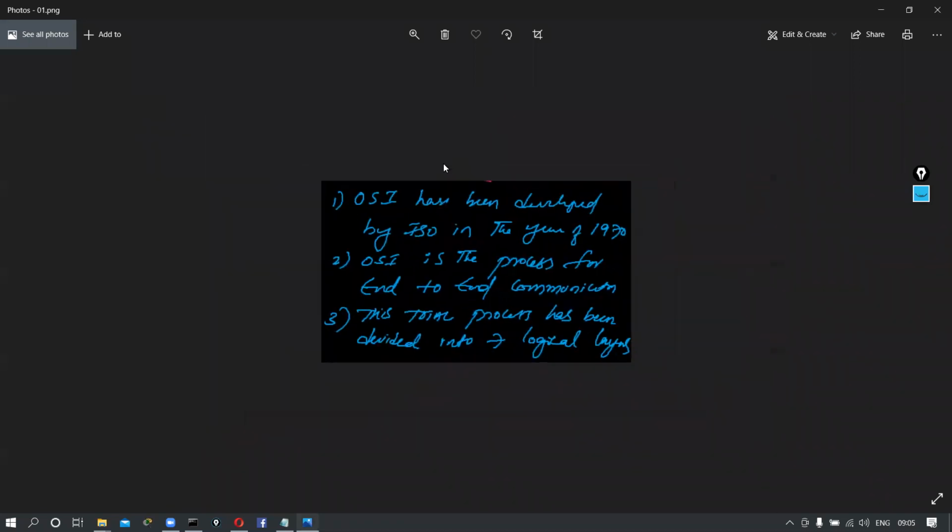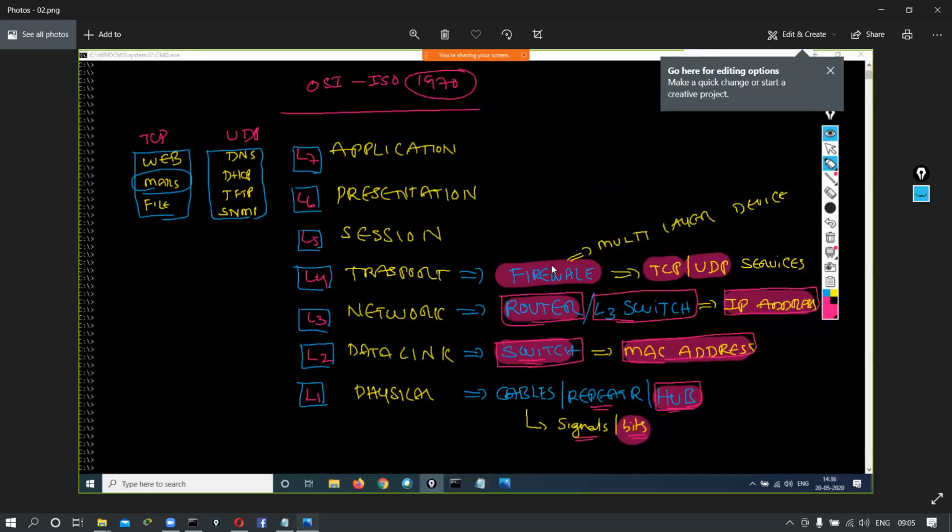Let me minimize. See, these are the 7 logical layers: application layer, presentation layer, session, transport, network, data link, and physical layer. The total communication process has been divided into 7 logical layers. What will happen in each layer?